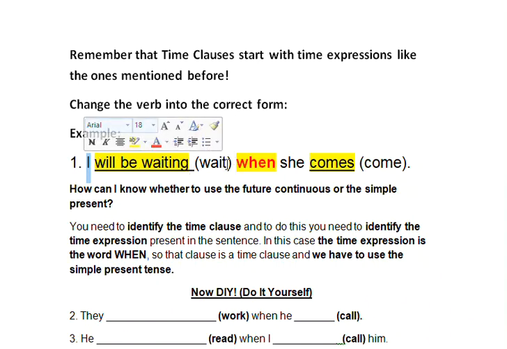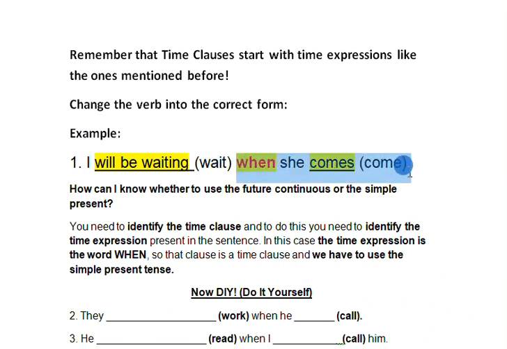I am gonna write it in English, because if I write it in Spanish, you are gonna notice which tense you need to use. Si lo escribo en español, lo que está entre paréntesis, usted fácilmente va a reconocer que hay una oración que se usa en presente simple y la otra se ocupa en futuro continuo, que no es la idea. I have this, and then I have this sentence.